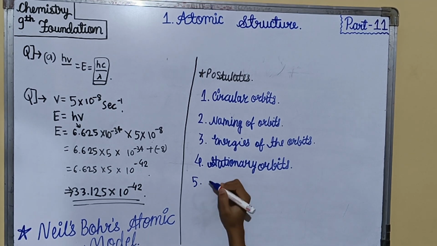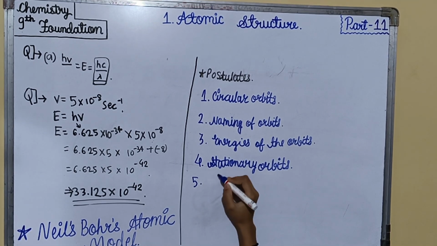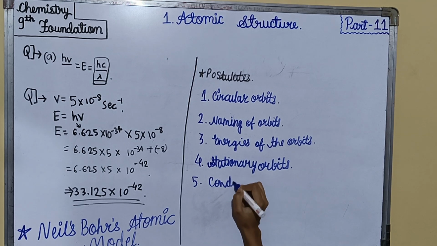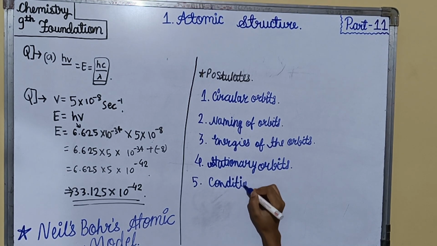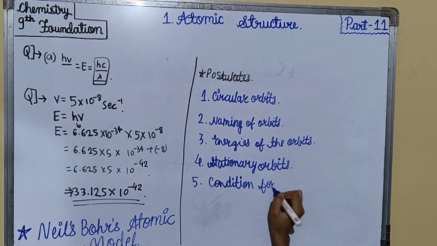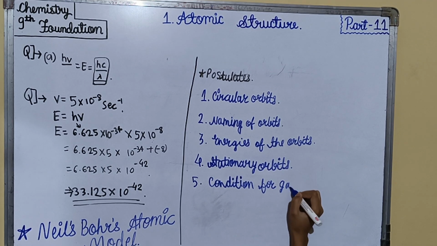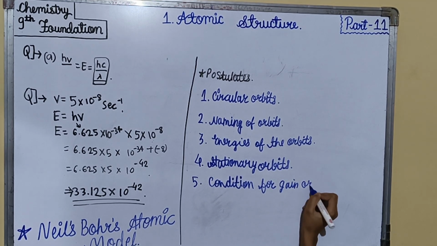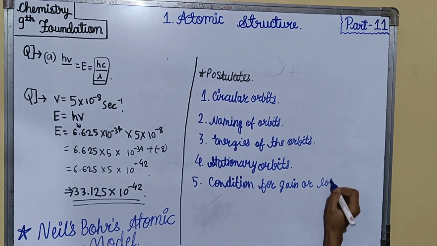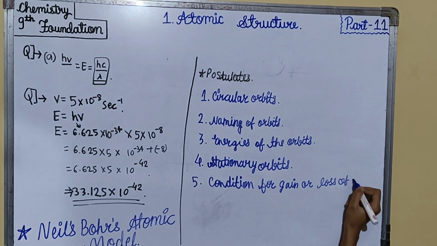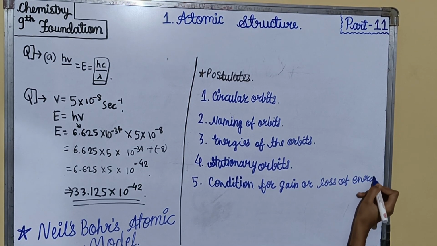Fifth one is condition for gain or loss of energy. The electron can move from one orbit to another orbit.